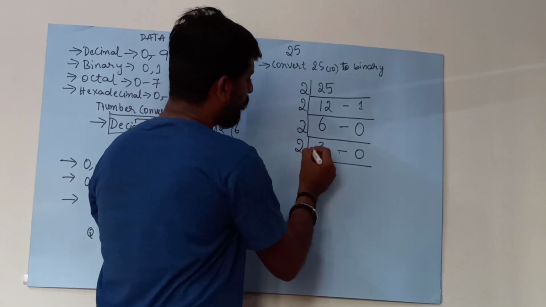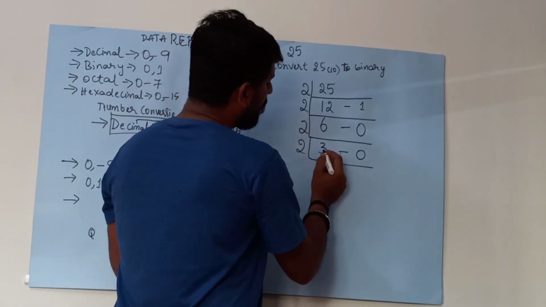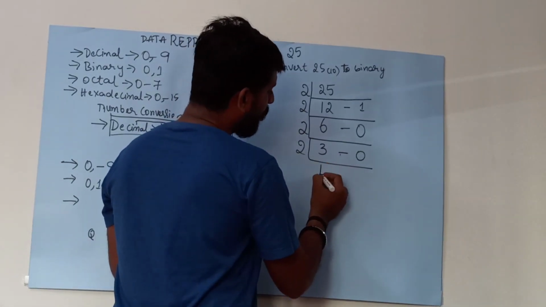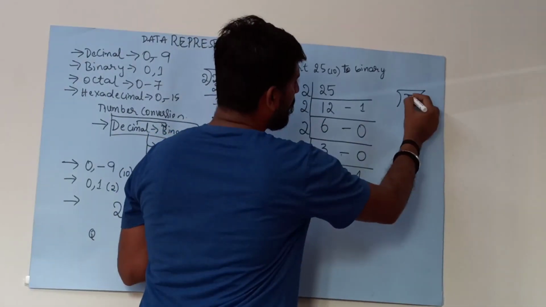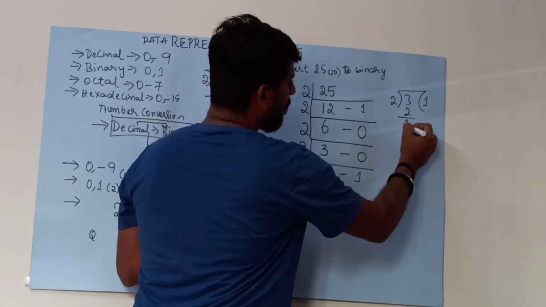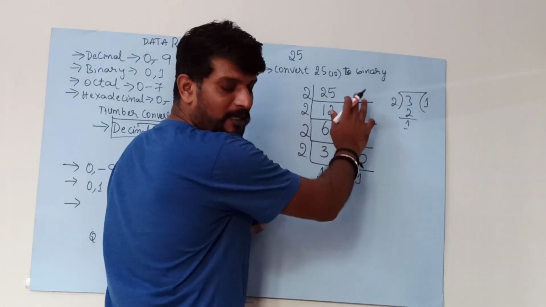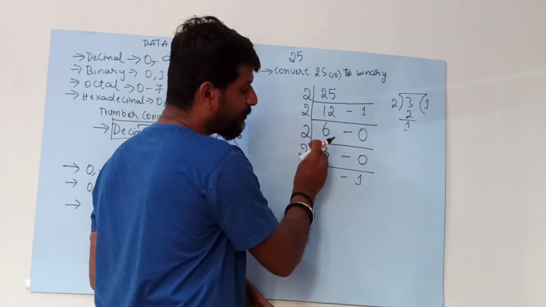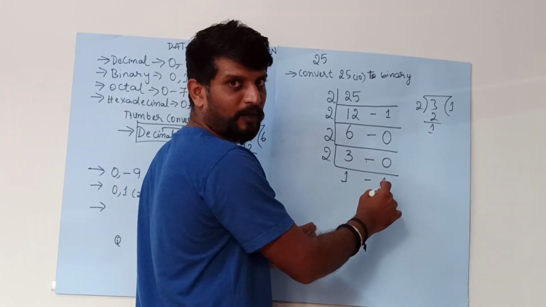Again 2. 2 1s are 2, the remainder will be equal to 1. You cannot divide 1 by 2 because the value 1 is smaller than 2. So this will be the end of this particular problem.